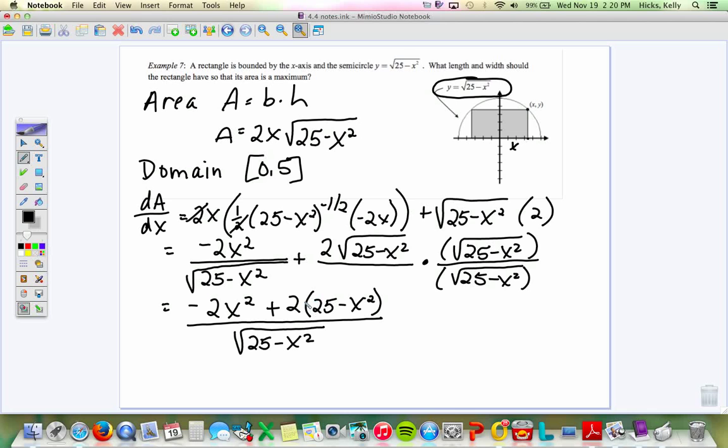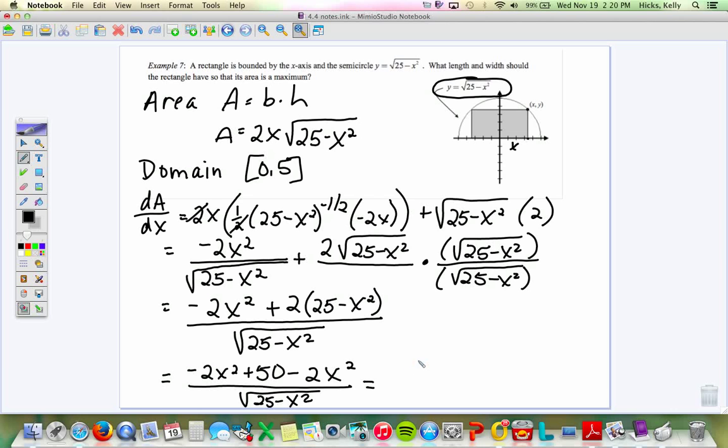Excuse me. Now I need to distribute this. I distribute the 2 times the 25 and the x squared, and I get negative 2x squared plus 50 minus 2x squared, all over the same thing, the square root of 25 minus x squared.